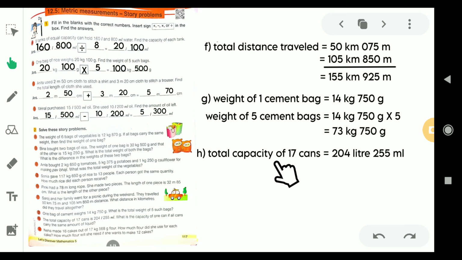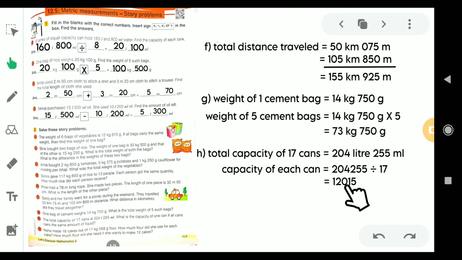So total capacity of 17 cans means 17 cans can hold the liquid quantity, that is 204 liters 255 ml, but they are asking what is the capacity of each can, so we have to divide the total quantity, that is 204,255 by 17, and when you do so, you would get the quotient 12015, and as I said, first 3 places for ml and remaining digits for liter. So it is 12 liter 015 ml, or else it is simply 12 liter 15 ml.